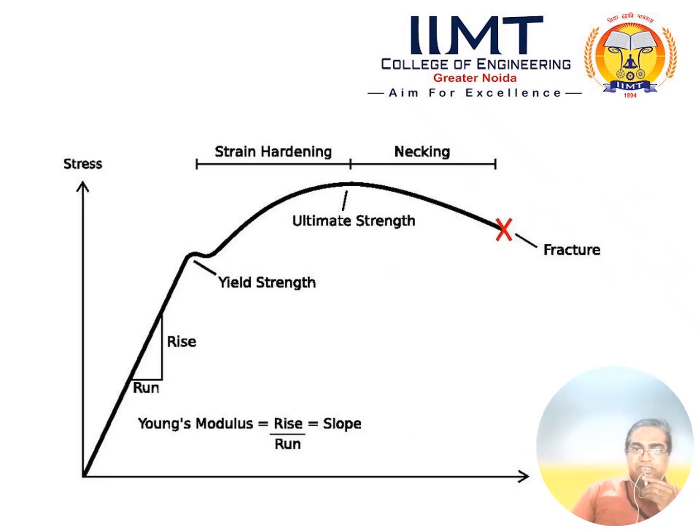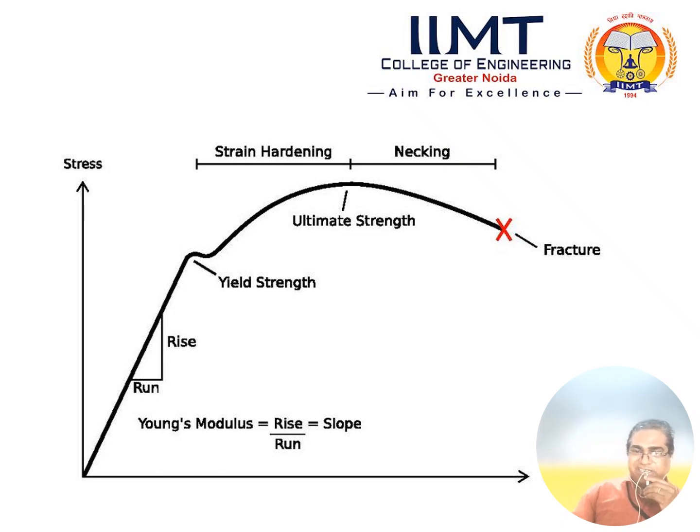As you can see in this stress-strain diagram, on the y-axis there is stress, and on the x-axis there is strain, and up to the yield strength the curve is a straight line. In the straight line, you can see that stress is directly proportional to strain.